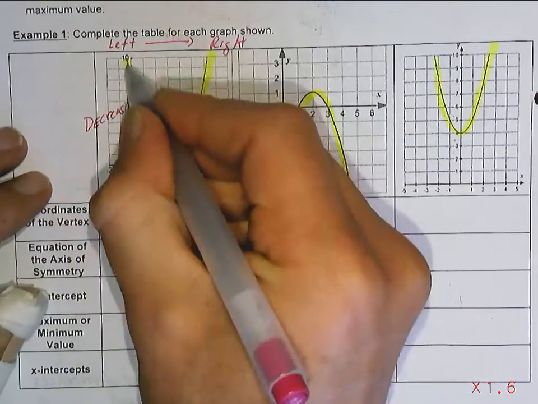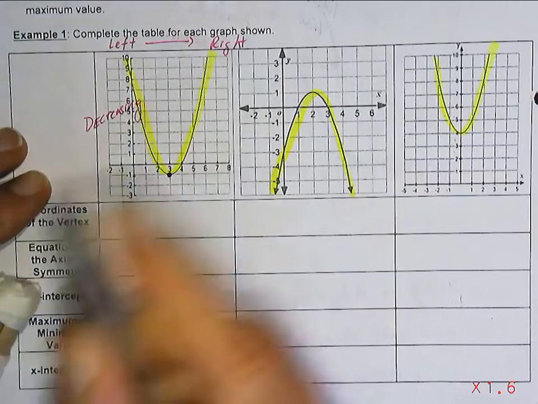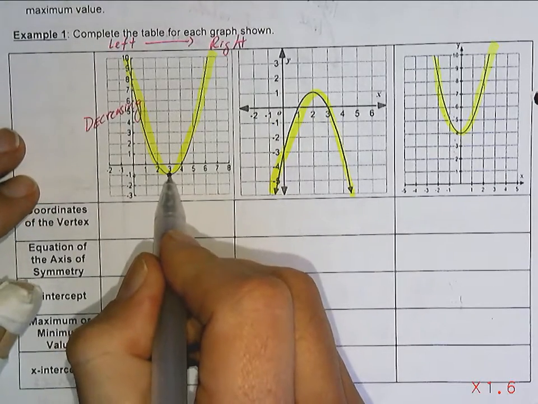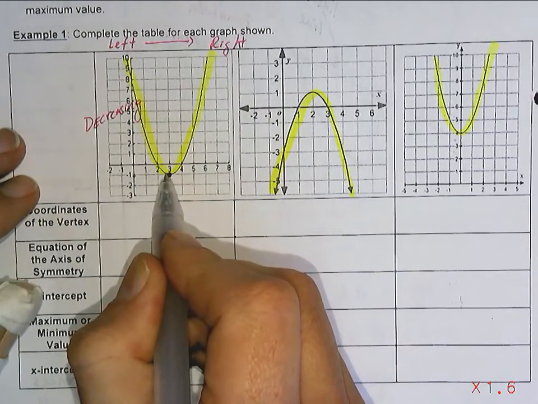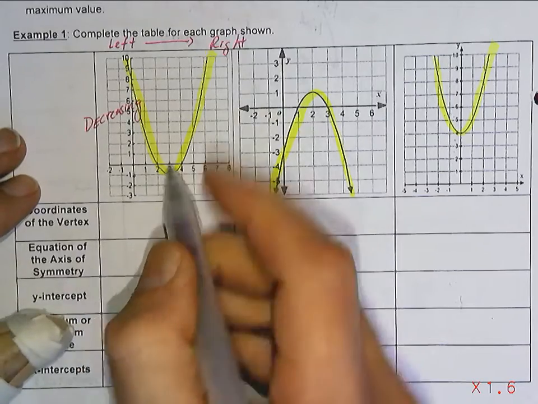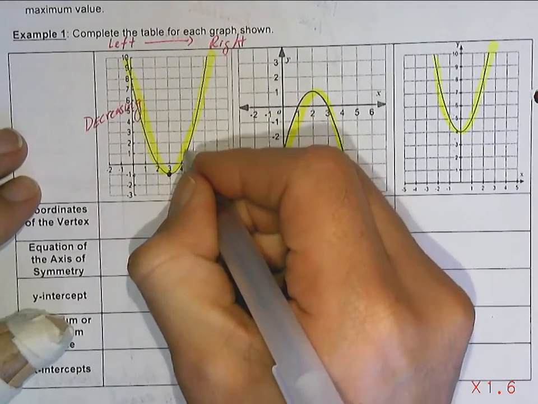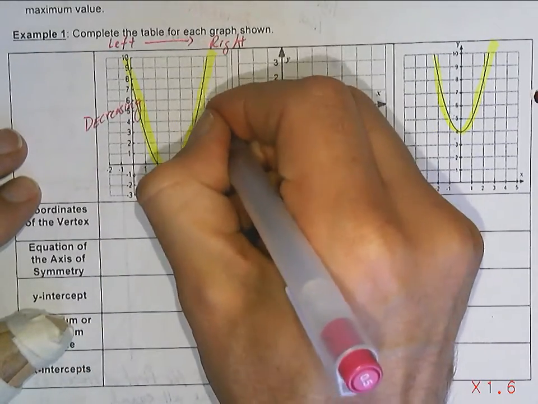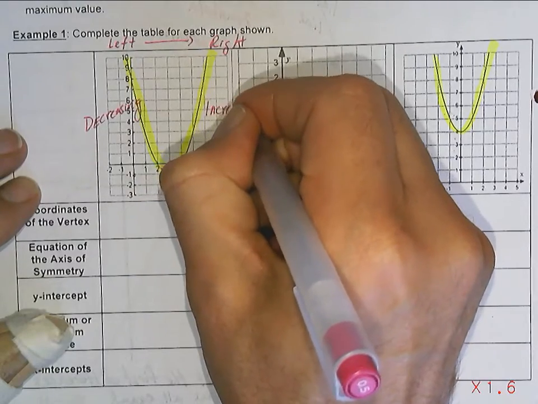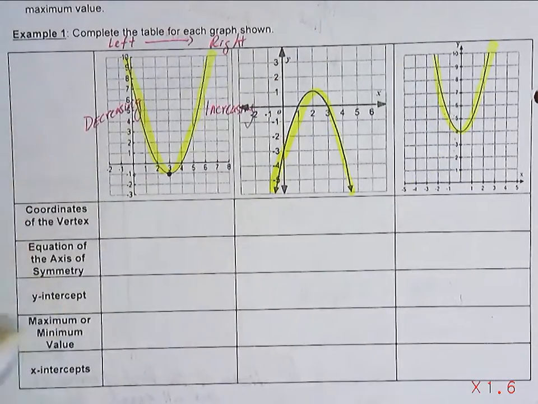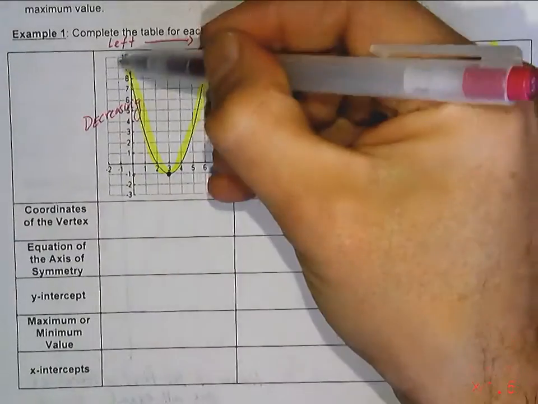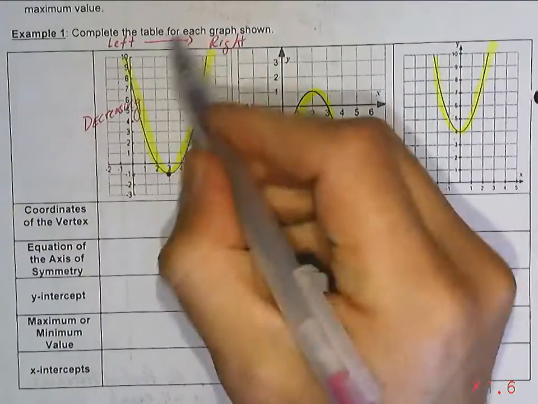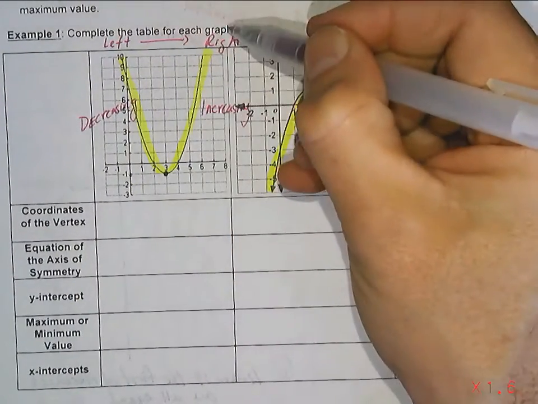So this curve is decreasing all the way up to 3. And then from 3 on, the y values start going up, up, up. This is increasing. And I don't think that's a hard concept. It's decreasing as I come this way from left to right, and I'm increasing as I go that way.